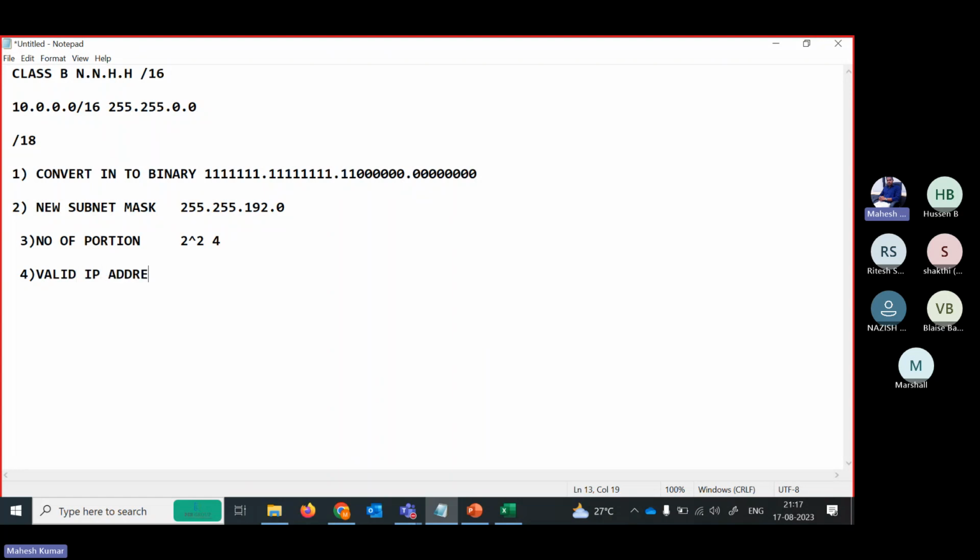IP addresses. So how many bits are we having in the host portion? 8 bits for the last octet and 6 bits of the third octet. So 8 plus 6 is 14, right?